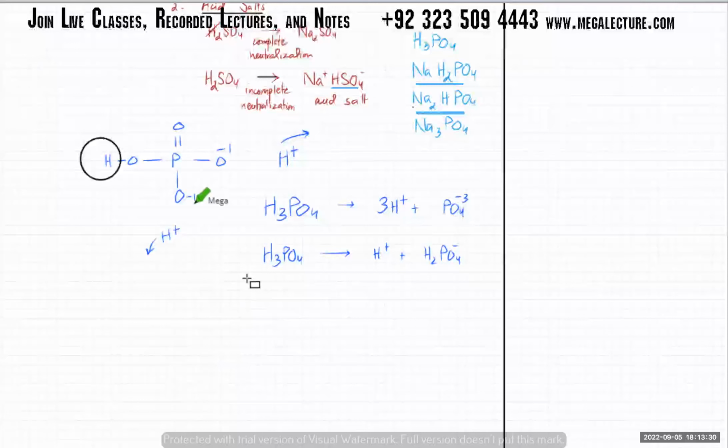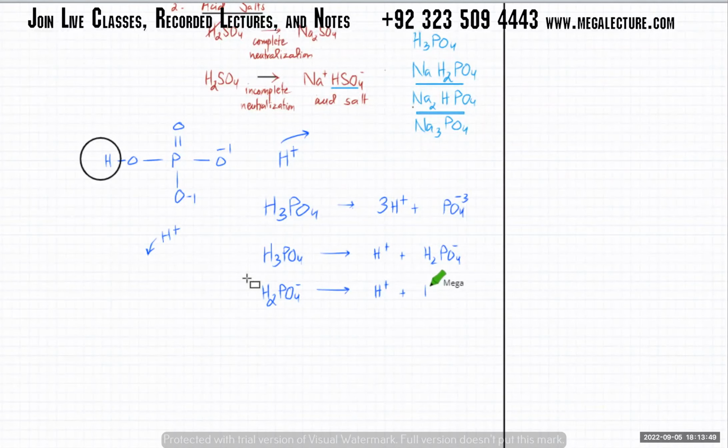And this oxygen now becomes -1 as well. So now what has happened is you had H2PO4 -1, and it loses another H plus one ion. When it loses that, it becomes HPO4, but now it's got a charge of -2.